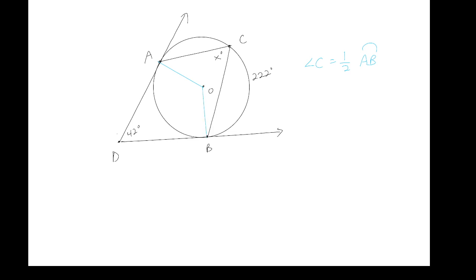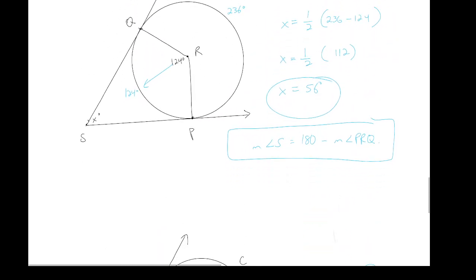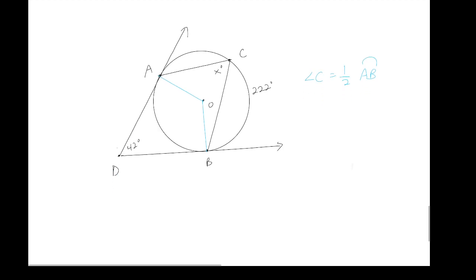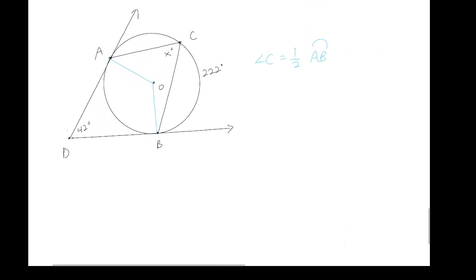Remember what our relationship was in the previous problem, that this angle right here is going to be supplementary to that central angle. So the central angle is going to be 138 degrees because it's a supplement with this one right here. If I know that angle is 138, then I know arc AB is 138. So angle C is going to be equal to 1/2 of 138, which means angle C is equal to 69 degrees.